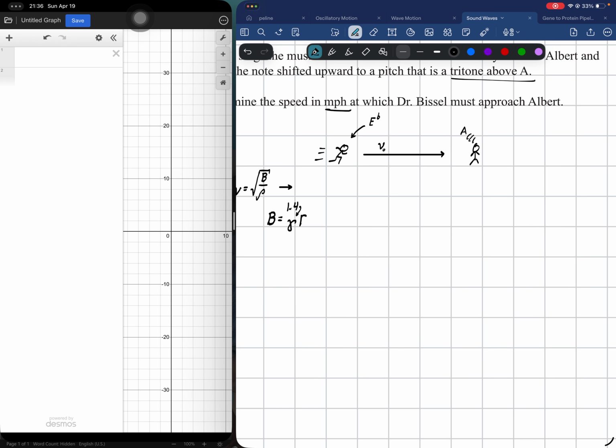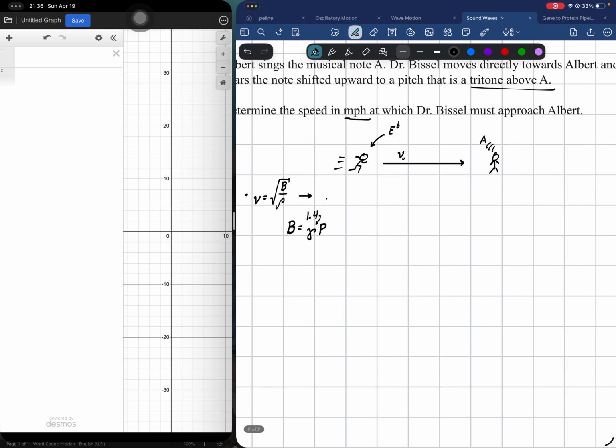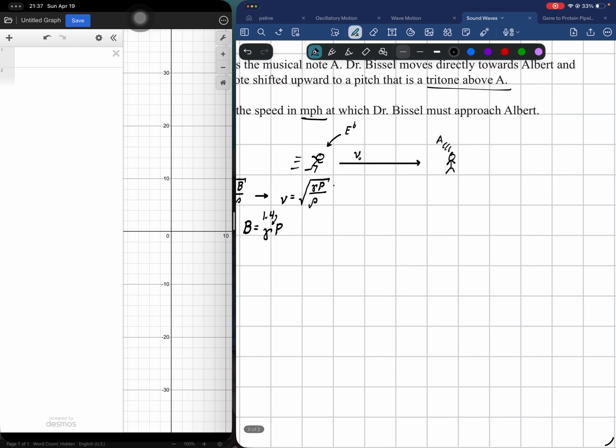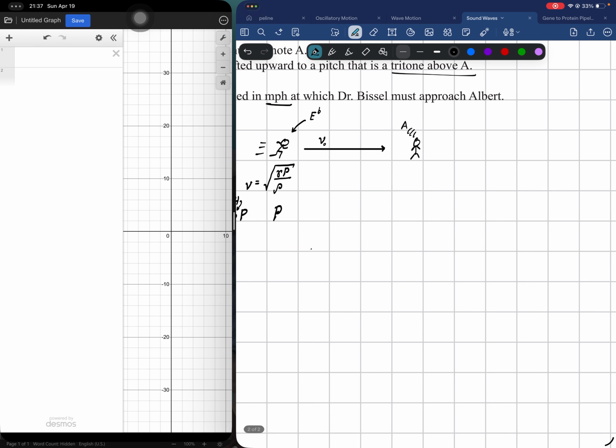Multiplied by the pressure. So substituting that into our equation, we have V is equal to the square root of gamma times pressure divided by the density of air. Let's continue. We can solve for pressure with the ideal gas law.